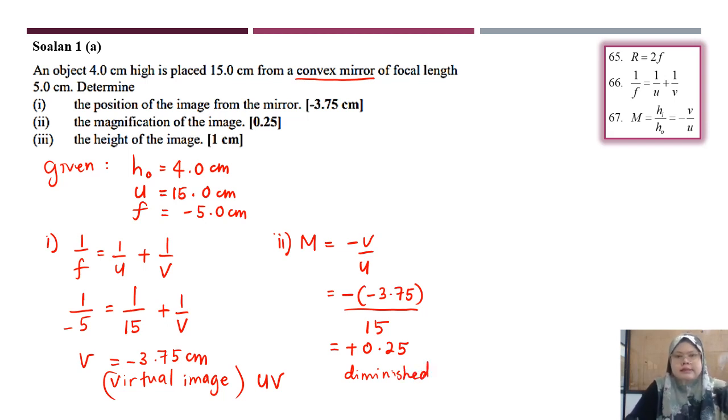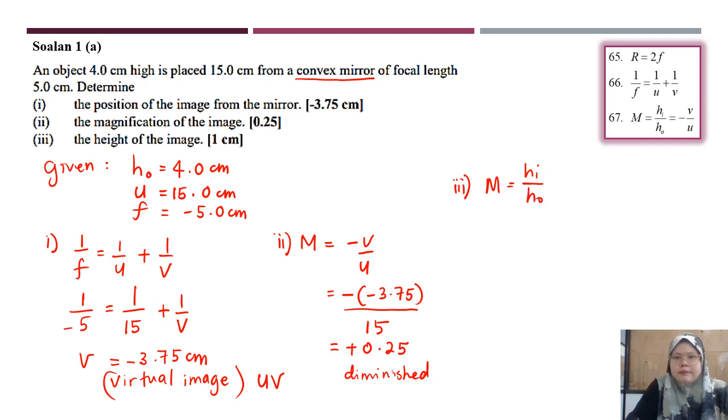Next, you want to find the height of the image. Bila you dah tahu dia diminished, the height of the image will be less than the height of the object, which is 4 cm. So kita cari the height of the image by using equation 67 juga lah: magnification equals hi over h naught.